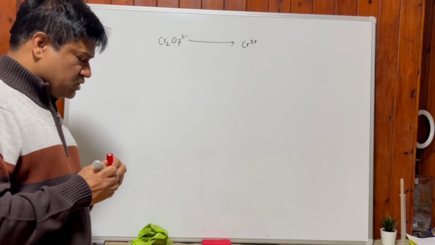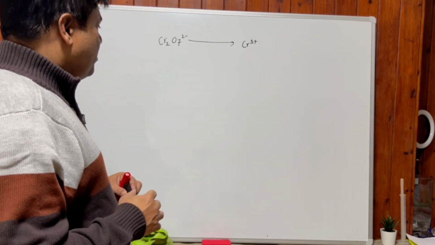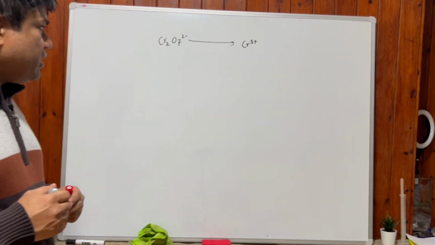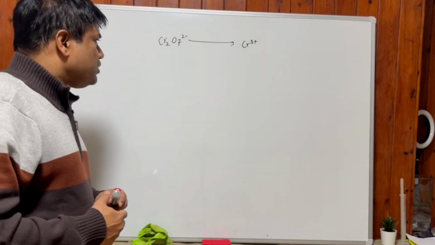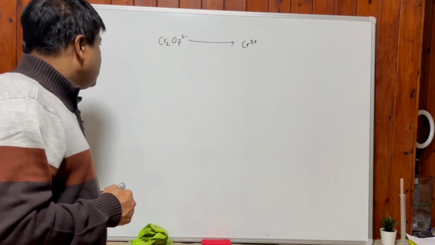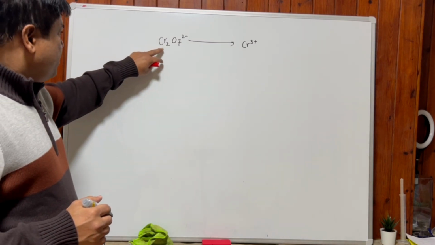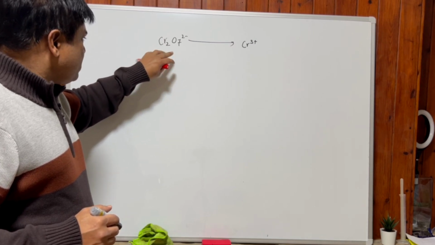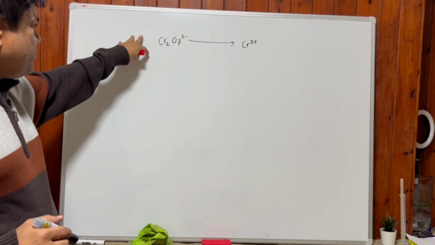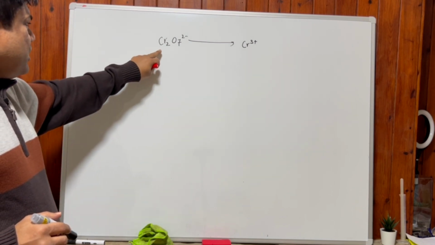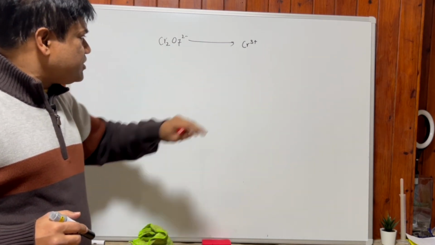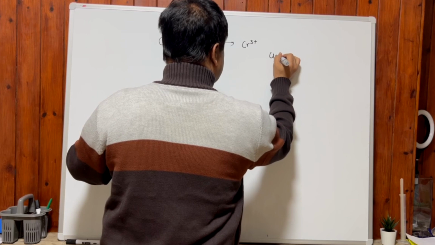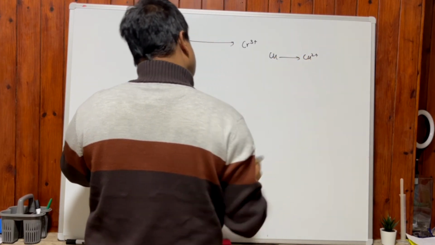I will make videos on organic chemistry in the future, I didn't start yet. Anyways, Cr2O7, actually it's potassium dichromate. Again, potassium is the spectator ion. Cr2O7 2- becomes Cr3+, and it oxidizes copper Cu to Cu2+.